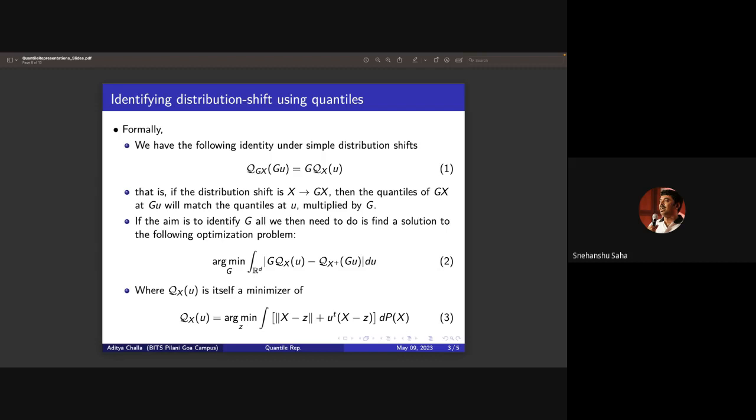But we just believe at this point of time that there are some partially ordered quantiles which are probably invariant to transformations and things like that. And maybe that's what is doing the trick.